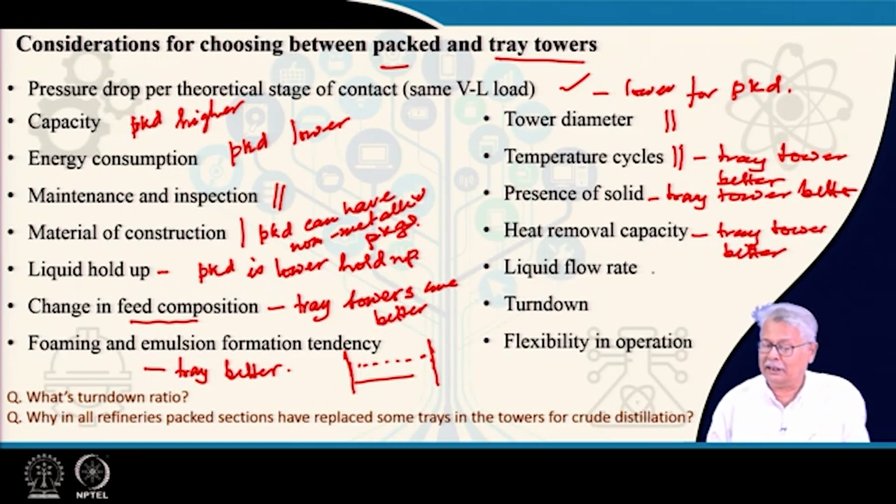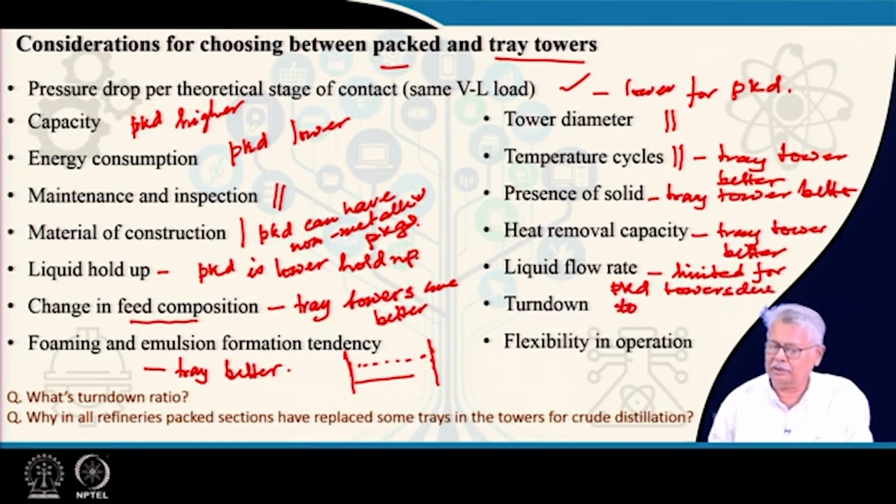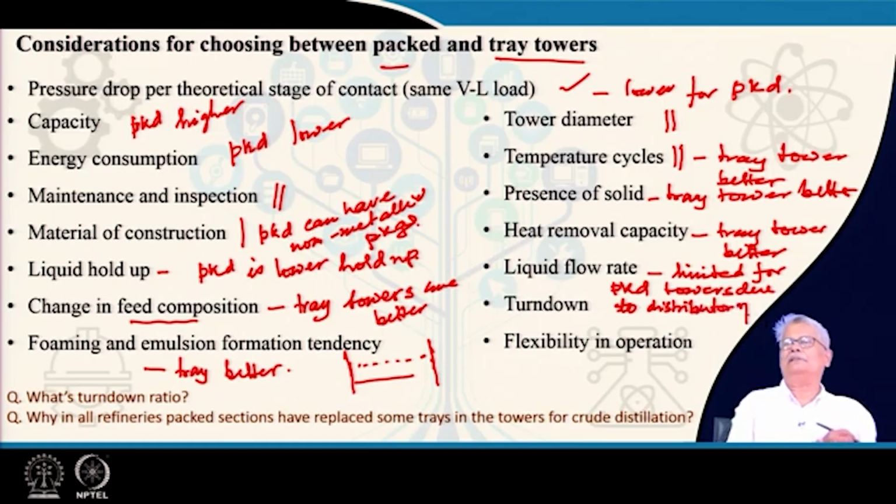So this is limited for packed towers, and it is basically due to the distributor efficiency. If I want my distributor to distribute the liquid evenly, there will be a fairly narrow range of liquid flow rate, and that limits the operating range of liquid flow for packed towers, whereas it is not so in the case of tray towers.